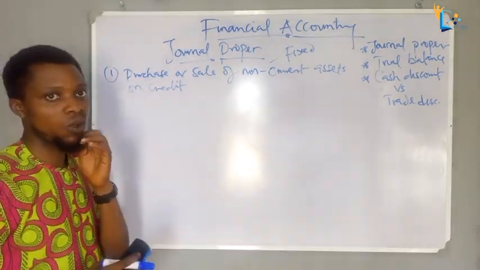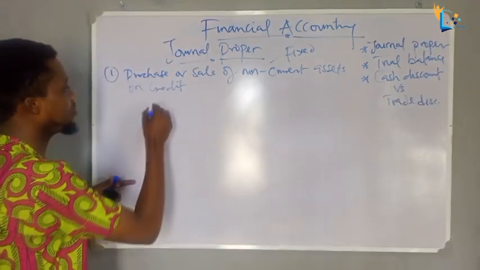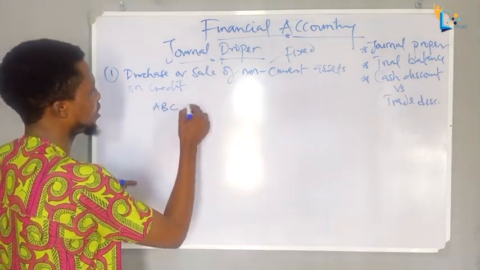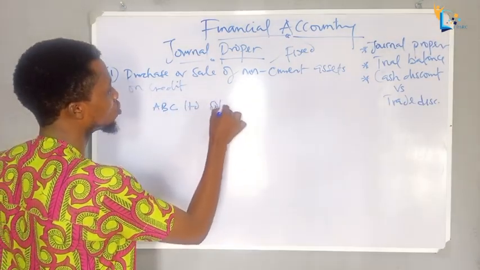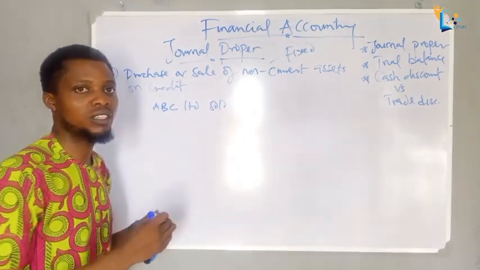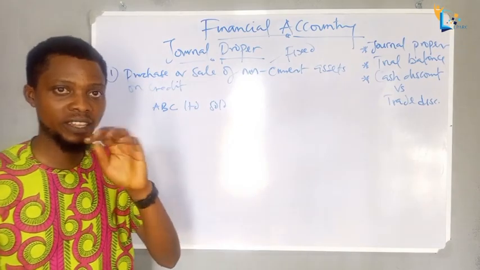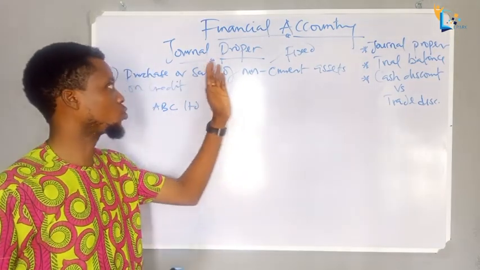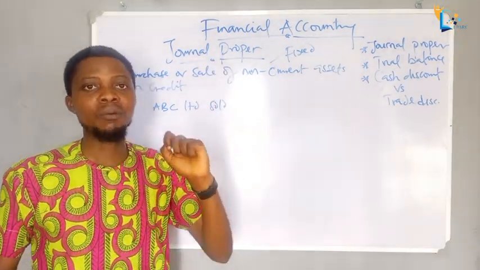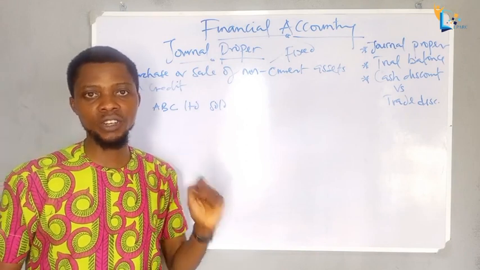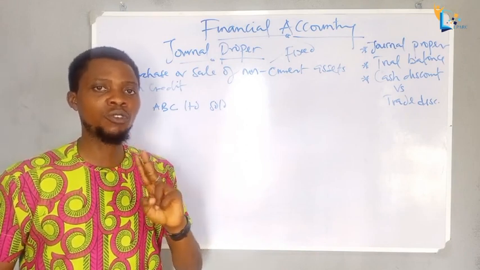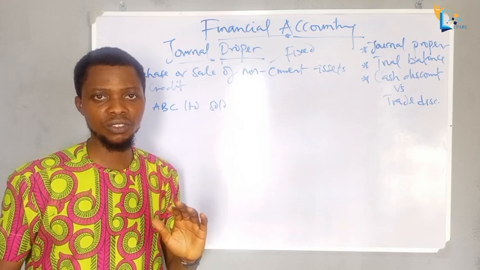For example, ABC Limited sold. Now, before I proceed, there are 2 fundamental things you need to know about journal proper. Before you pass an entry into the journal, you must first of all identify the 2 accounts involved.